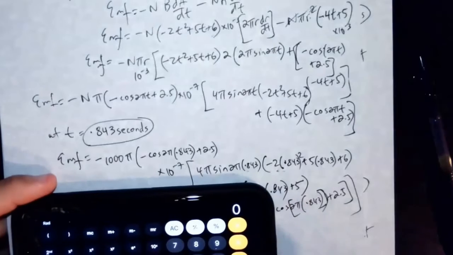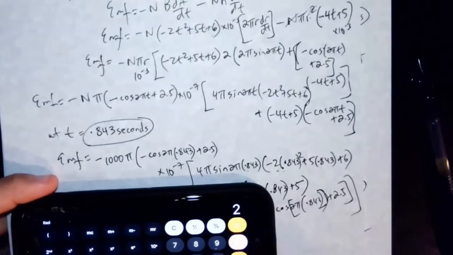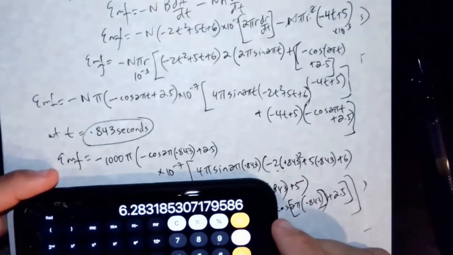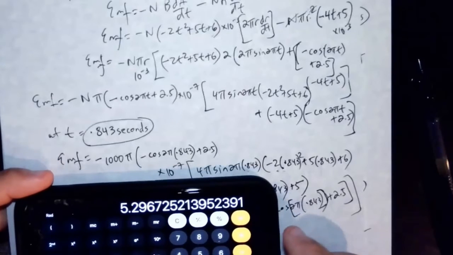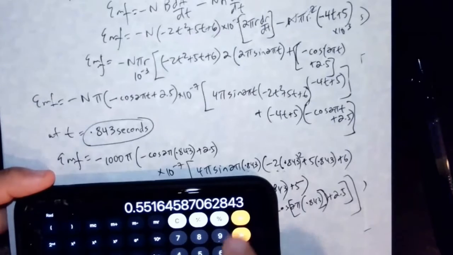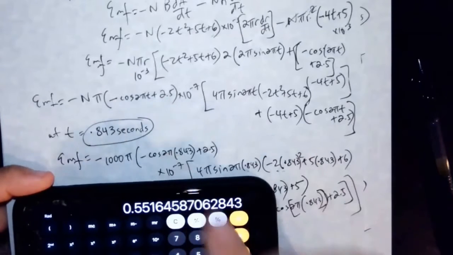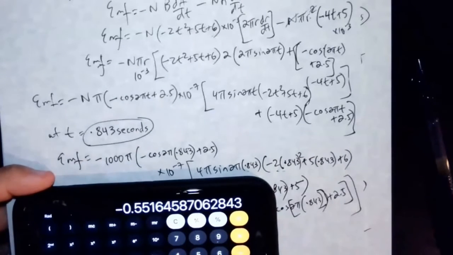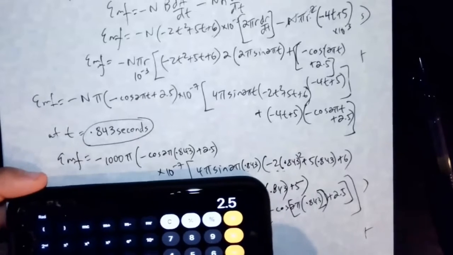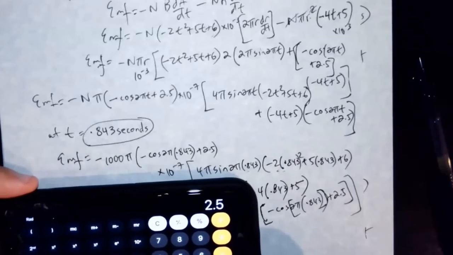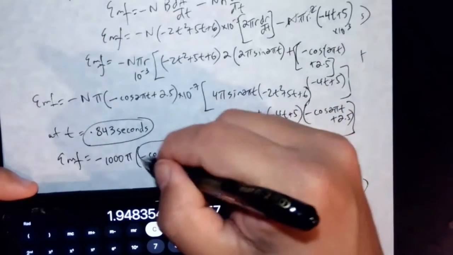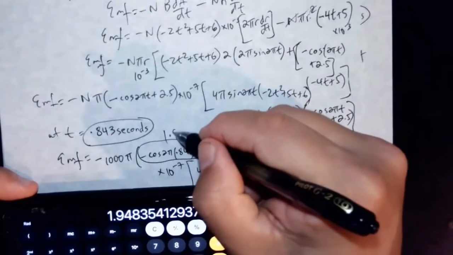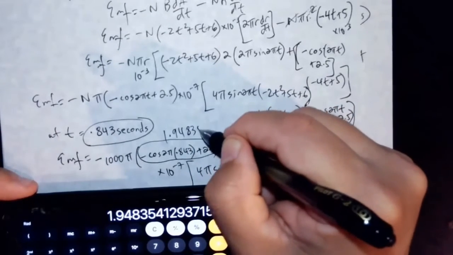So we're going to do 2 times pi times 0.843, cosine of that, and negative, plus 2.5. So this one came out to be 1.94835.